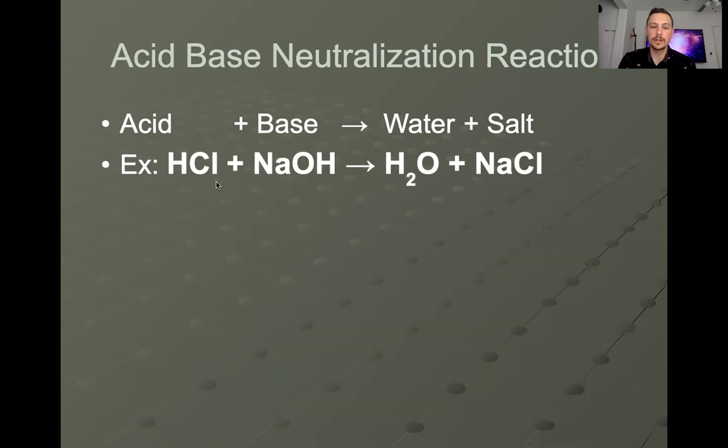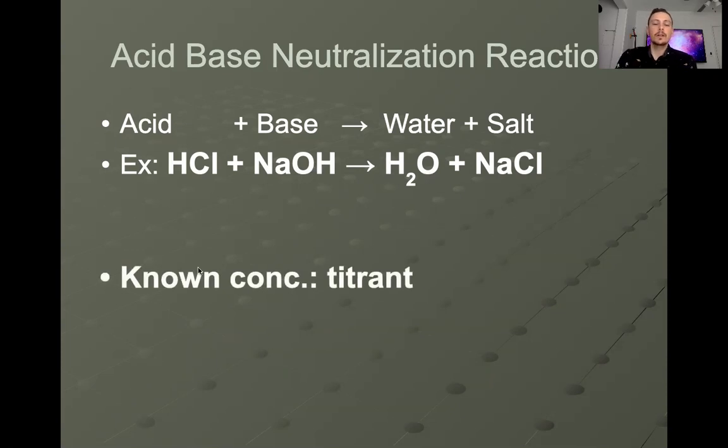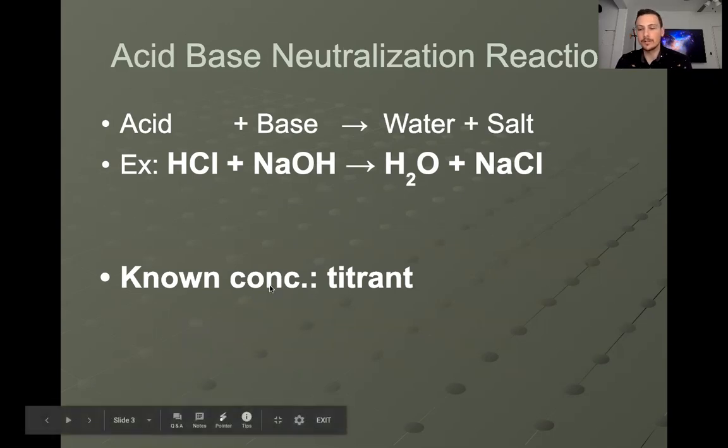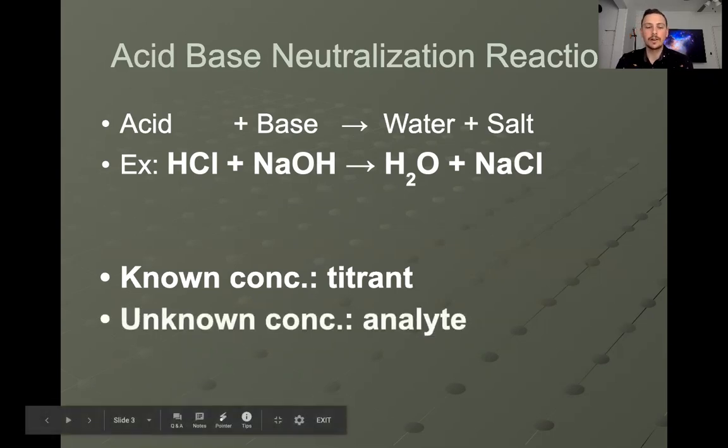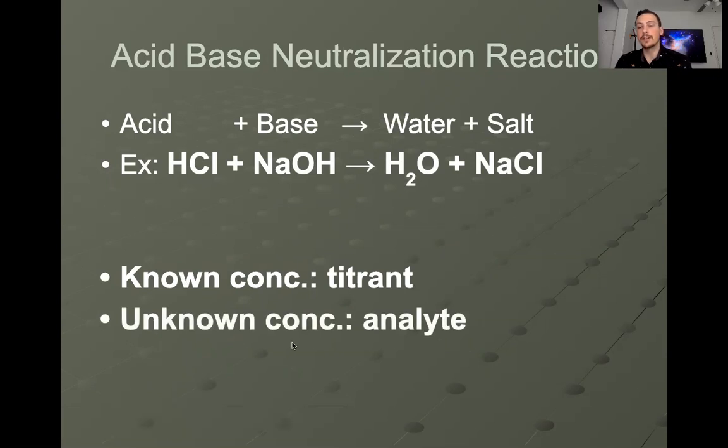The sodium and the chloride come together, the hydrogen and the hydroxide come together and give us two new products from our reactants. So if we had an unknown concentration of hydrochloric acid, we would need a titrant that is sodium hydroxide in order to figure out what that unknown concentration is. Again, the known concentration solution is our titrant, and our unknown concentration is our analyte.